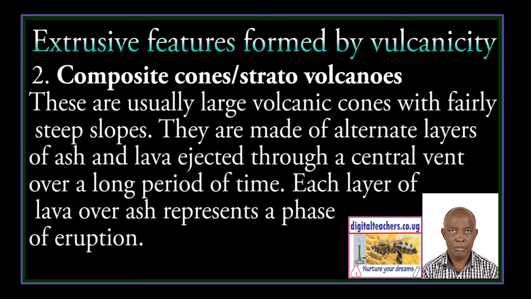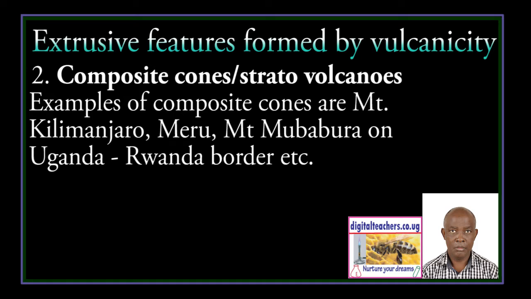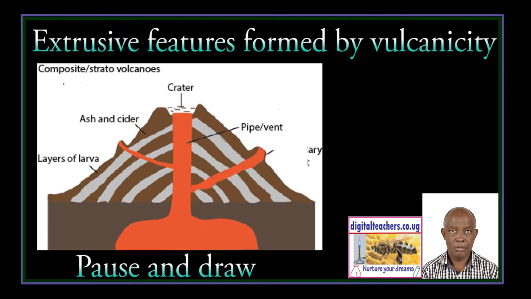Each layer of lava over ash represents a phase of eruption. Examples of composite cones are Mountain Kilimanjaro, Meru, and Mountain Muhabura on the Uganda-Rwanda border.